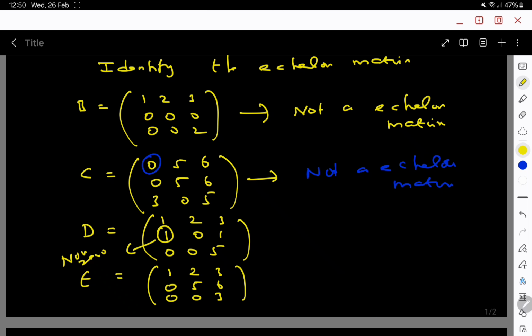The elements below the leading entries must always be 0. So in the second row, A21 is equal to 1. It is not equal to 0. So this is not an echelon matrix.